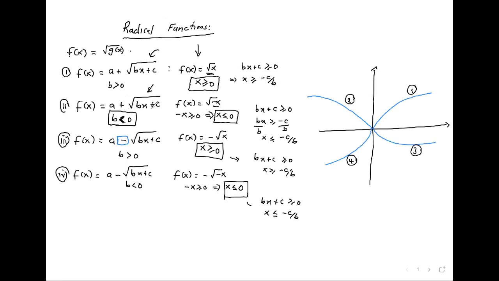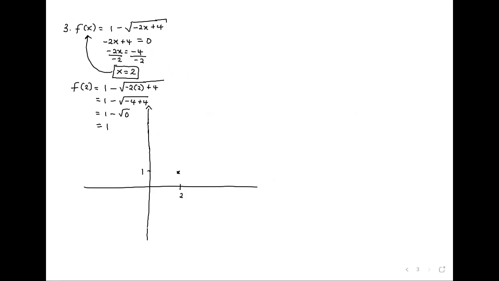Where the inside is negative, where b is negative, and there's also a negative outside. So we are in family 4, meaning that our graph has to come this way. Okay, so it has to come this way.